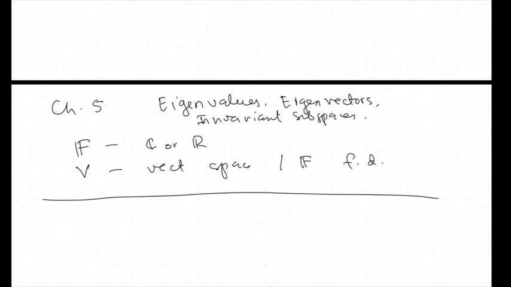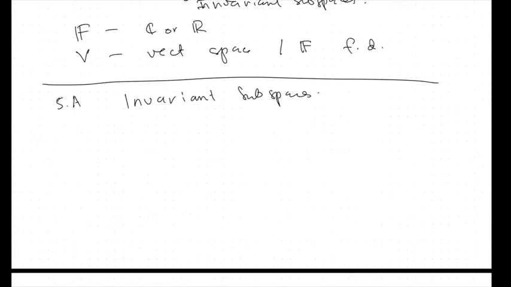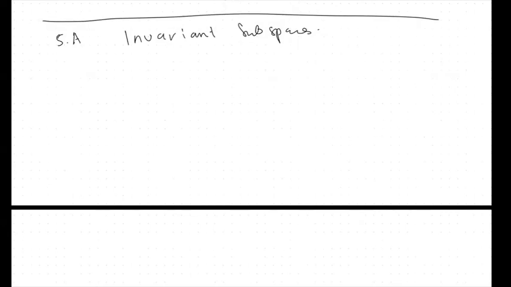So here we will study linear maps from a vector space into itself. So we will just study operators here. Let us start with the motivating example. So the first part is invariant subspaces.